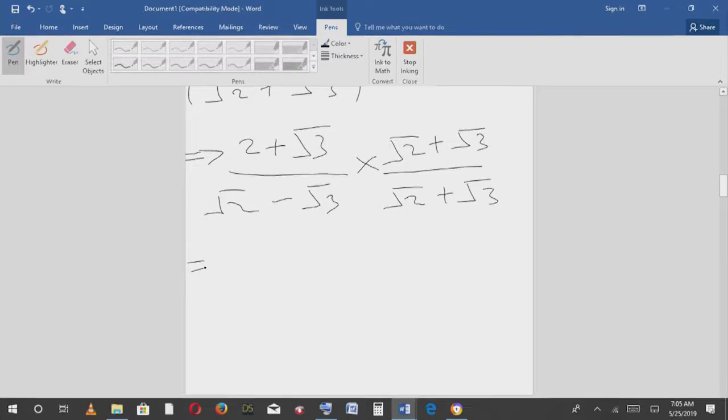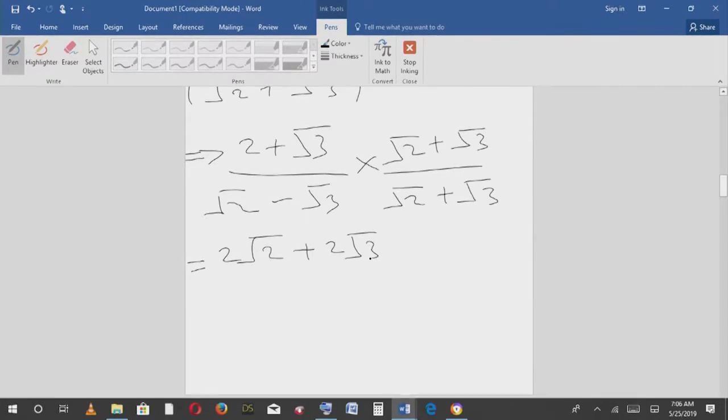So now we are going to multiply. Pay attention. We multiply our 2 by root 2 plus root 3. 2 multiplied by root 2 gives us 2 root 2, plus 2 multiplied by root 3 gives us 2 root 3.